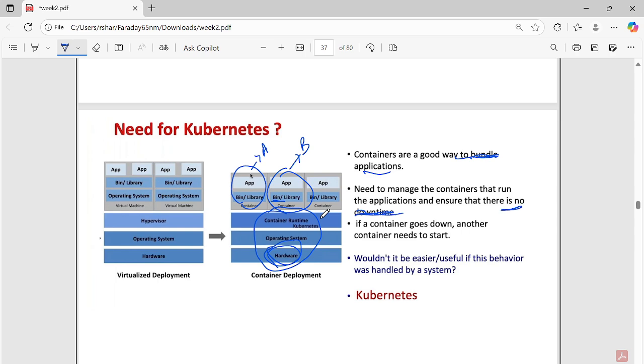So the concept is that we have a very high performance cluster. It has to work 24 by 7, 365 days, and it need not have any downtime.